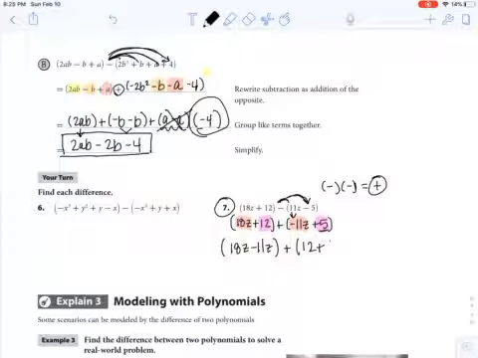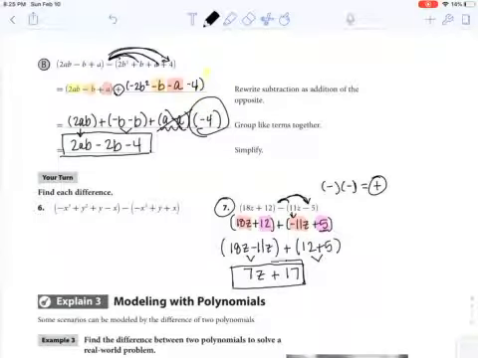So I have 12 plus 5. And now I'm going to simplify. 18z minus 11z is going to give me 7z, plus 12 plus 5 is 17. And so that is going to be my final simplified answer.